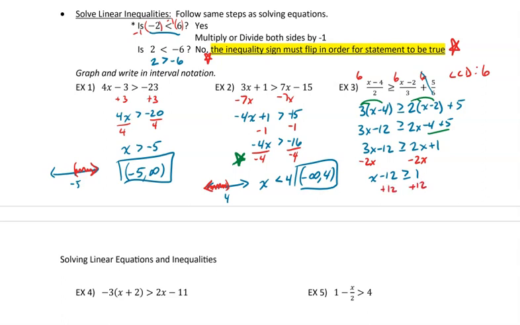Add 12 and we get x is greater than or equal to 13. So here's 13. We would be shading to the right, and it would have a bracket on it. So our final answer is going to be 13 to infinity.